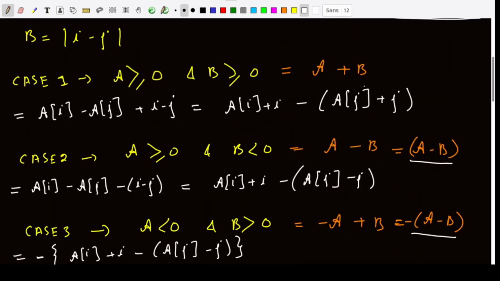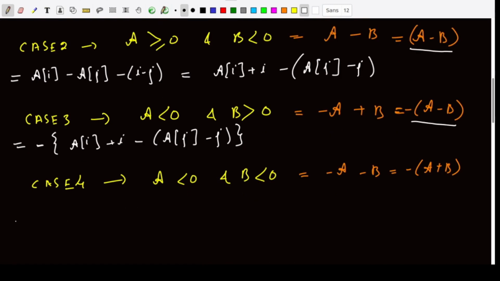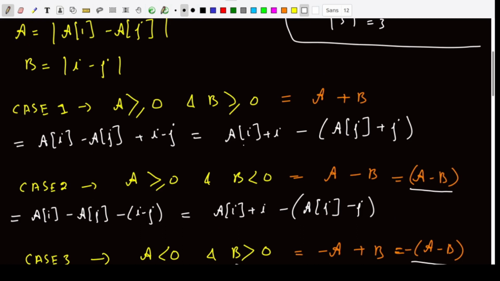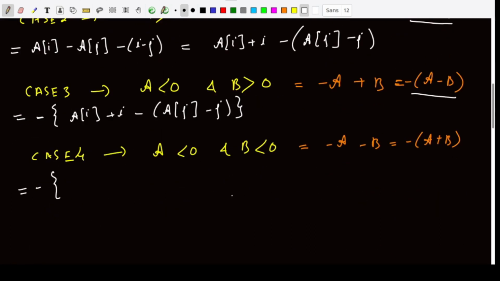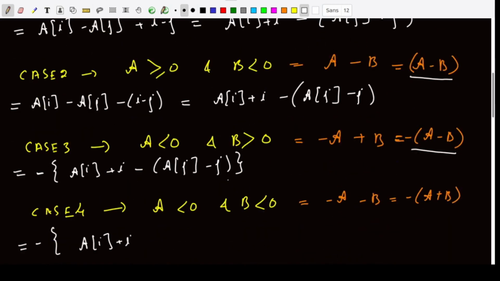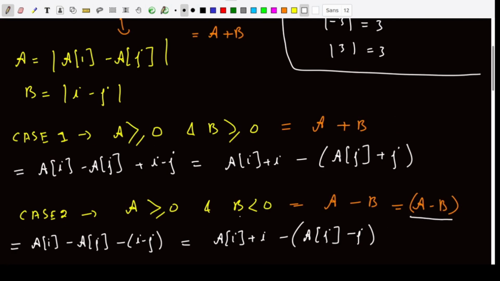And let us similarly evaluate this again, minus of a plus b. So a plus b we just have taken it out, so let us just use that. What is the value of a plus b? This is the value of a plus b, so let us plug that. A of i plus i minus a of j plus j.